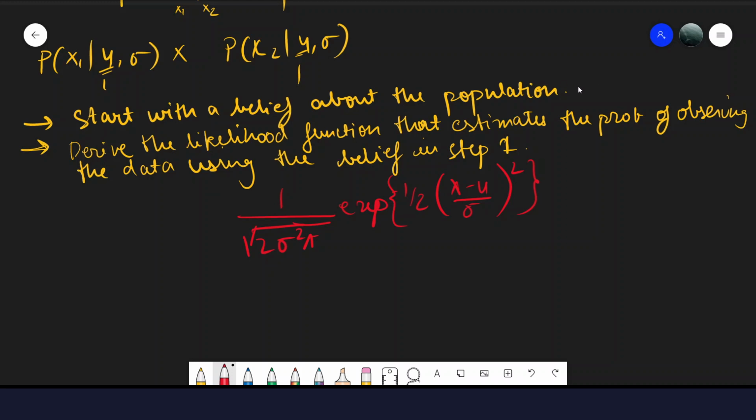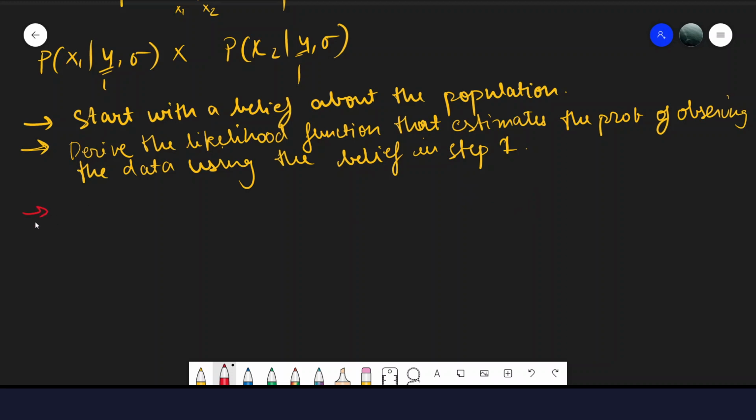Now for the Gaussian distribution, I know what the likelihood function is. But if you're conducting some research and you don't know what the distribution is, then you would have to derive the likelihood function for the distribution that you assume.